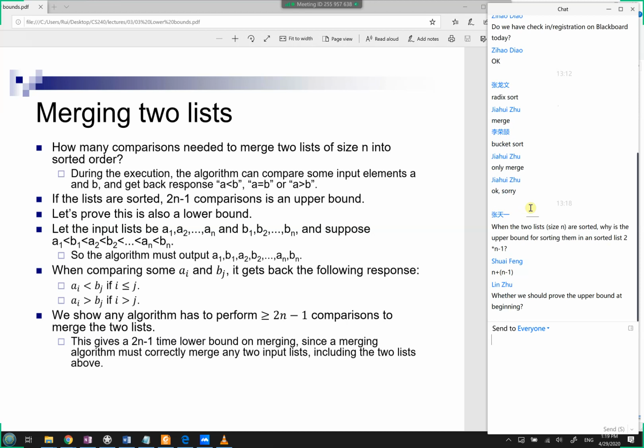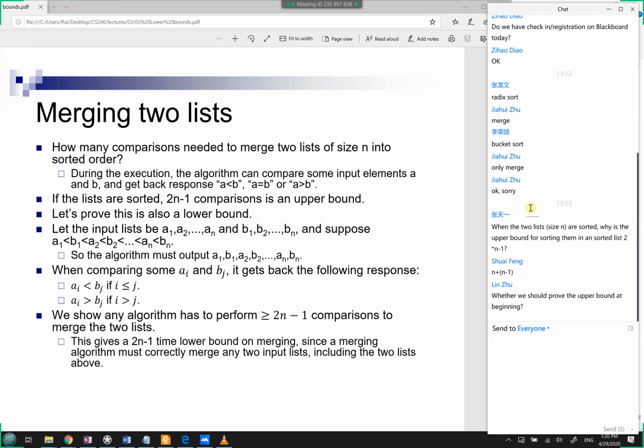And so, whether we should prove the upper bound at the beginning, well, it depends on what you're doing. If you want to show that the lower bound is tight, then after you prove your lower bound, you also have to give an upper bound which has the same complexity. But if you're just trying to prove the lower bound, then you don't care about the upper bound. In this case we have a tight lower bound.